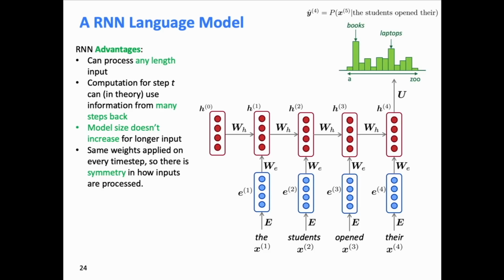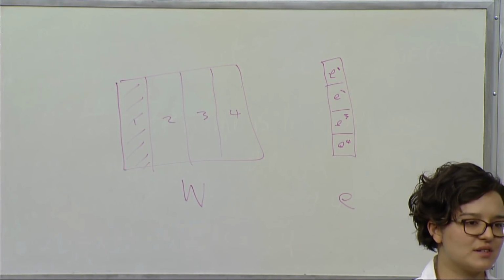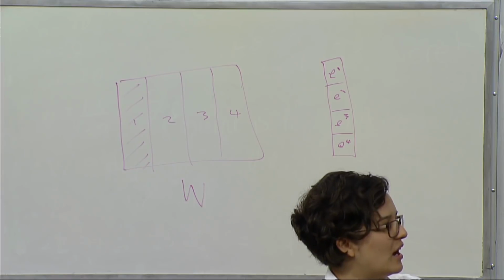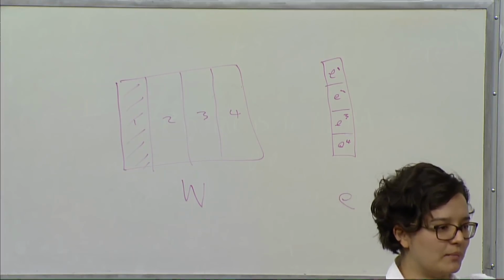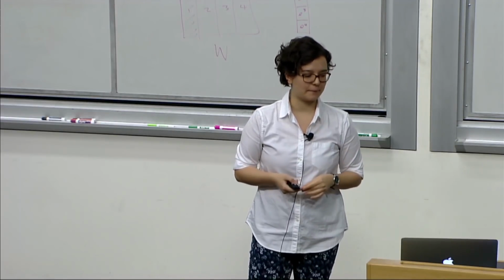I said before that the fixed-size window neural model was less efficient because it was applying different weights of the weight matrix to the different words in the window. The advantage of this RNN is that it's applying the exact same transformation to each of the inputs. So if it learns a good way to process one input, that is applied to every input in the sequence. So you could see it as more efficient in that way.